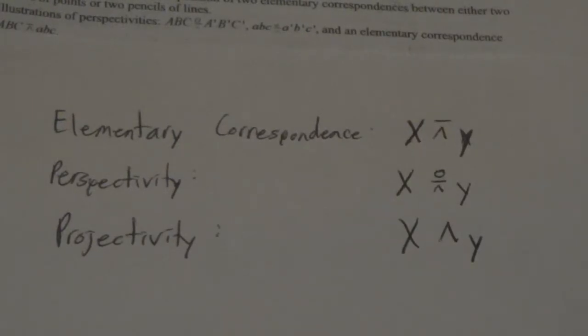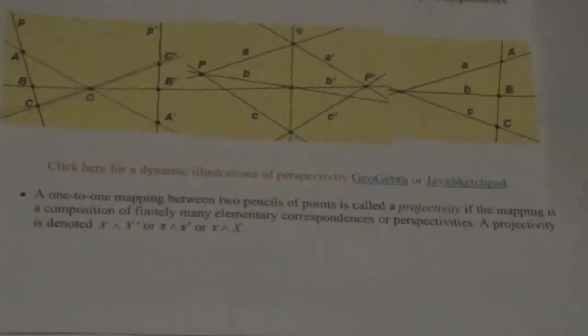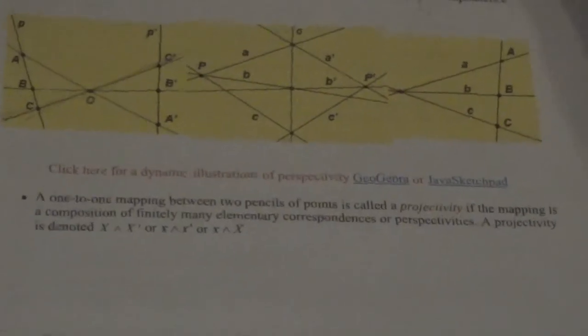Now, speaking of projectivities, I need to give you the formal definition, which you can see right here. Basically, it's another kind of one-to-one mapping, as I'm sure you would expect. In this case, this particular website defines it to be between 2 pencils of points, so it's between 2 lines, typically.